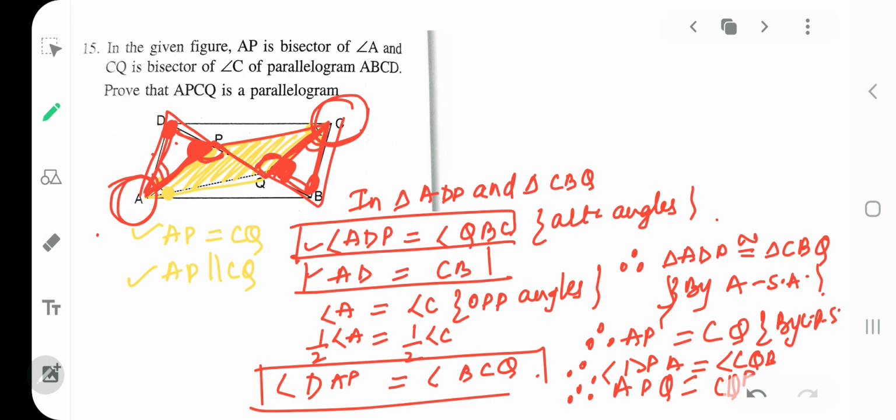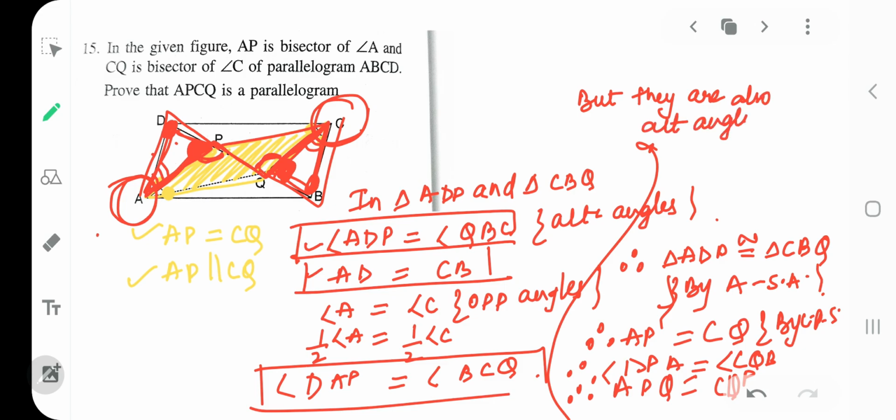But they are also alternate angles. Therefore, the lines are parallel. As we have done in the previous problem like this only. If your main angles are equal by CPCT, then their linear pairs are also equal. And if the linear pairs are forming alternate angles, forming a Z, so you will take that the lines are parallel. Therefore, AP is parallel to CQ.